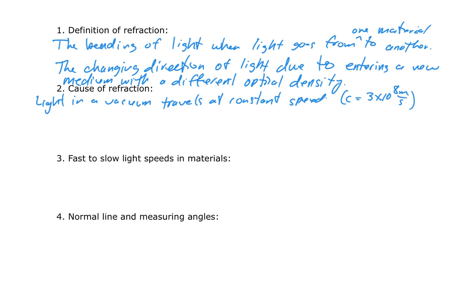Not a big deal if you don't remember that one. But when it changes mediums, it changes speed. Okay, so when light changes medium, it changes speed. Okay, mediums that are optically denser have a slower speed of light.